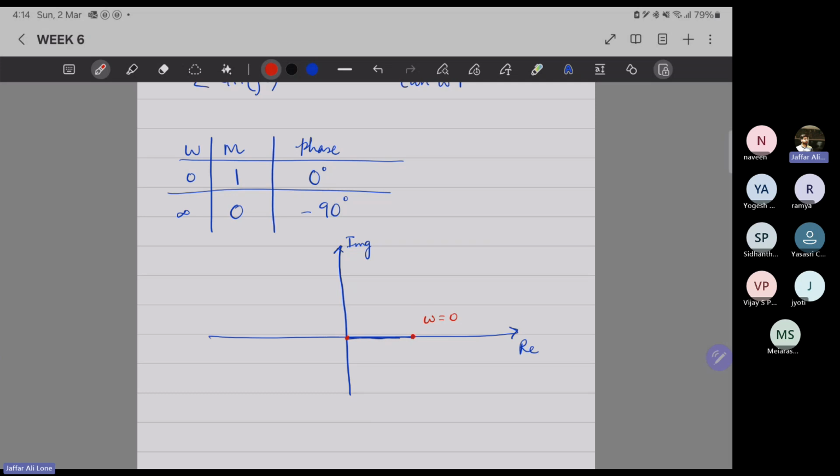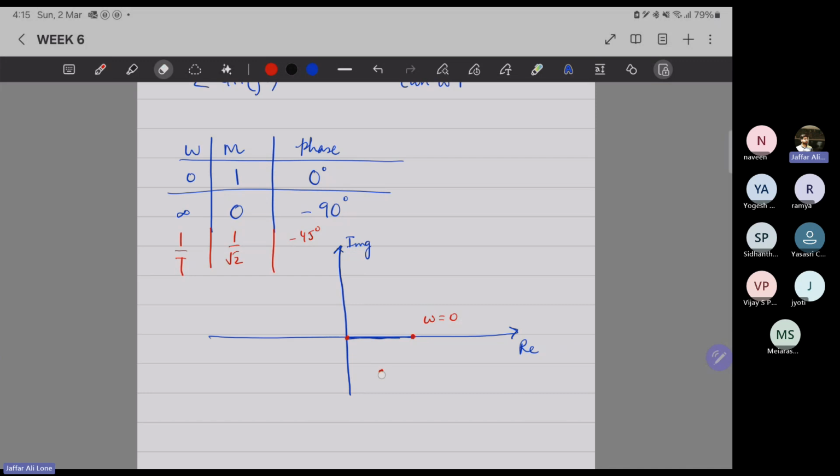And if I take another value, if I take omega equal to 1 over t, I'll get magnitude as 1 over root 2 and angle as minus 45 degree. So if I take another point, which is at omega is 1 over t, that is somewhere in between, I get 1 over root 2, but minus 45. Minus 45 is somewhere here, right?